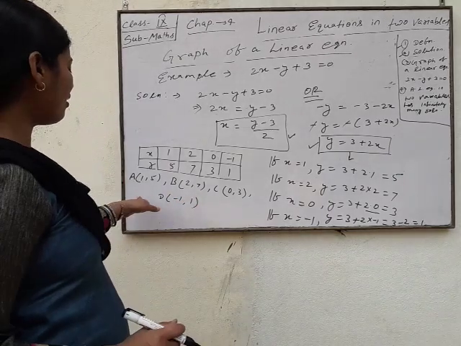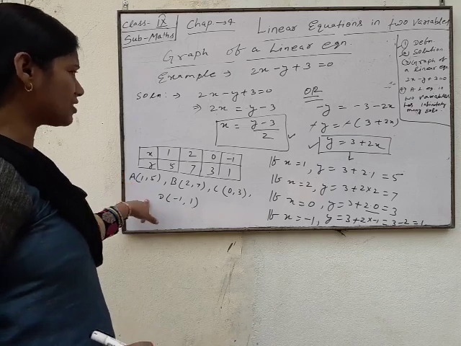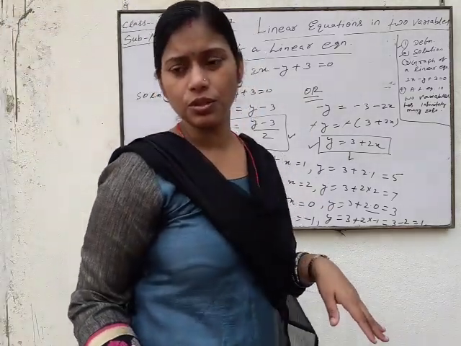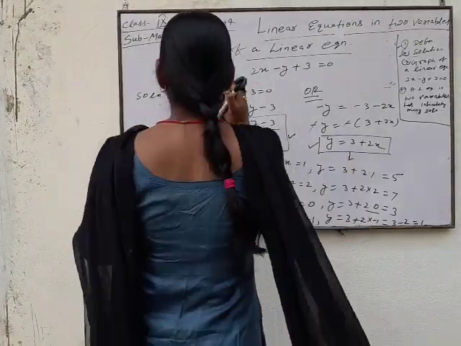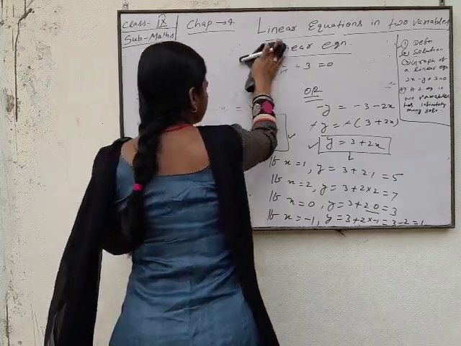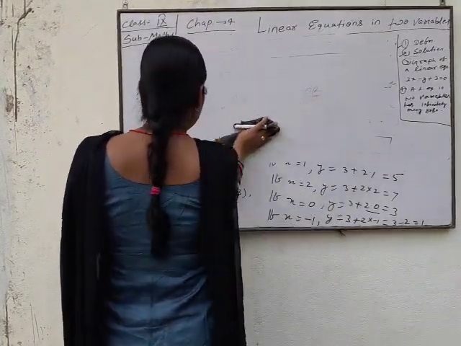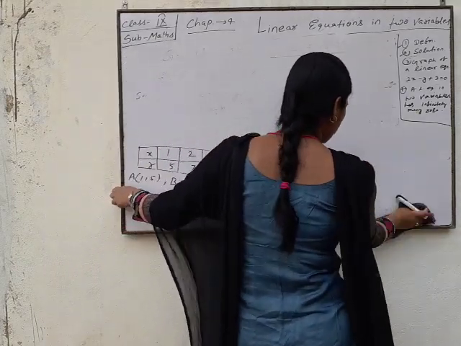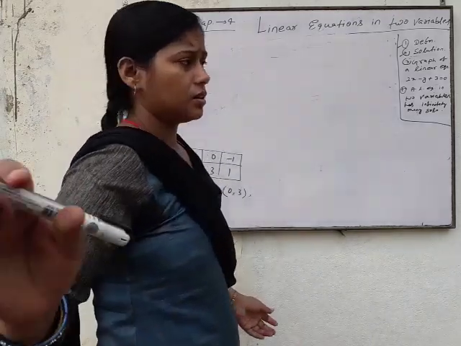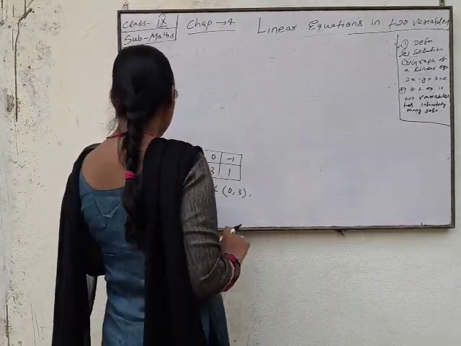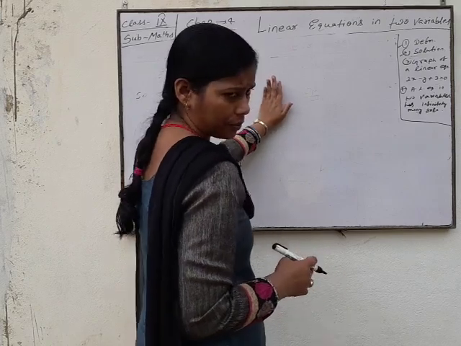Now plot all these points, all coordinates, in your graph paper. So for plotting your coordinates, we will draw the graph. So now, this linear equation in two variables will be solved on graph paper.